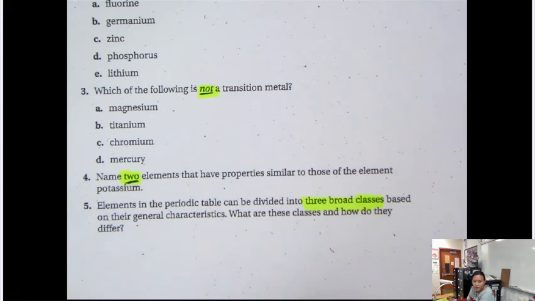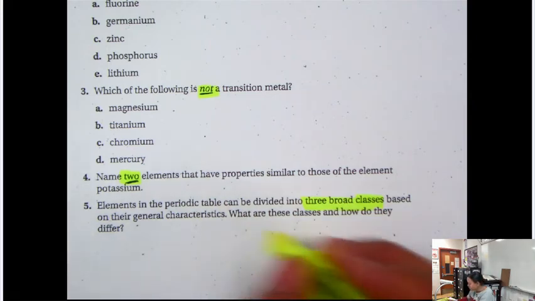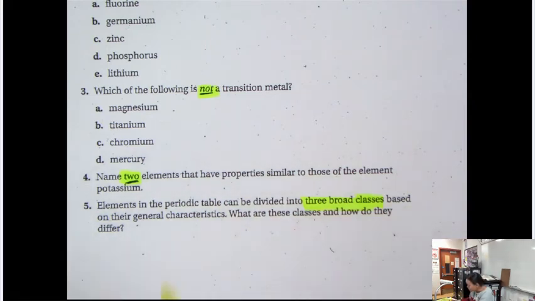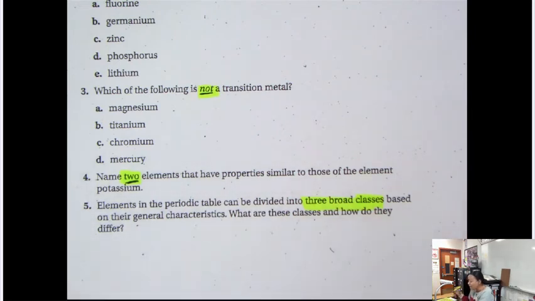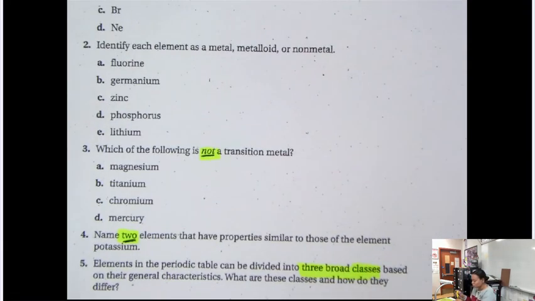Okay, so metals, nonmetals, metalloids, and then it says list the classes, and don't forget to answer the second part of the question. What are these classes? How do they differ? So just put a couple of characteristics that we talked about. How do you know metals? What can we say about nonmetals? What can we say about metalloids? All right? And that's what you're going to do. That is your assignment, and it will be in by noon. Are there any questions?